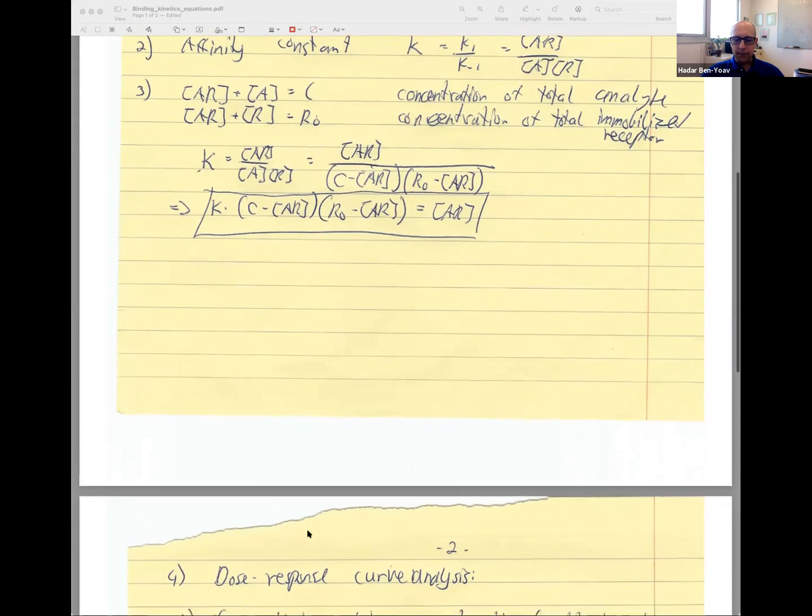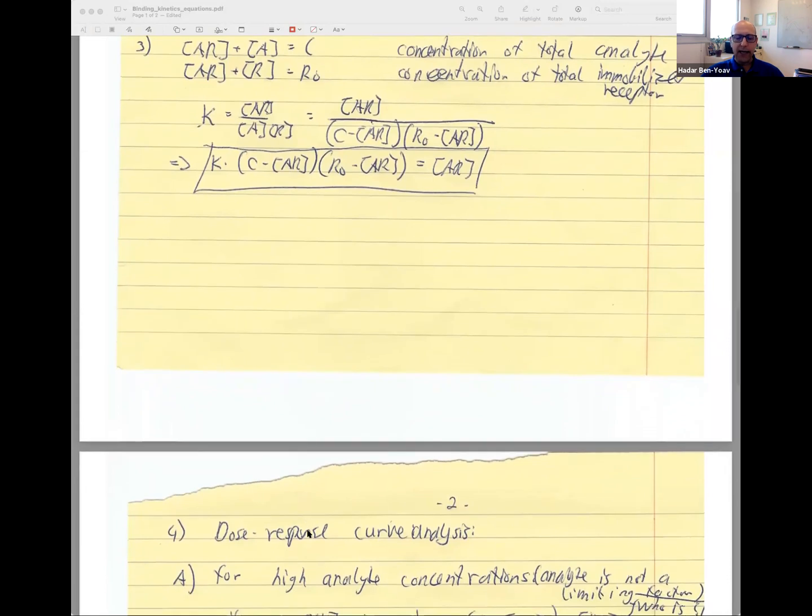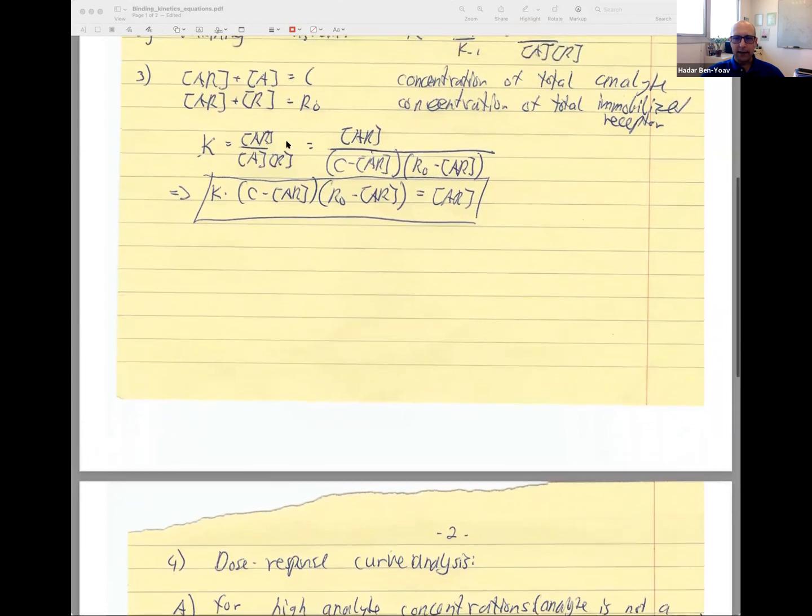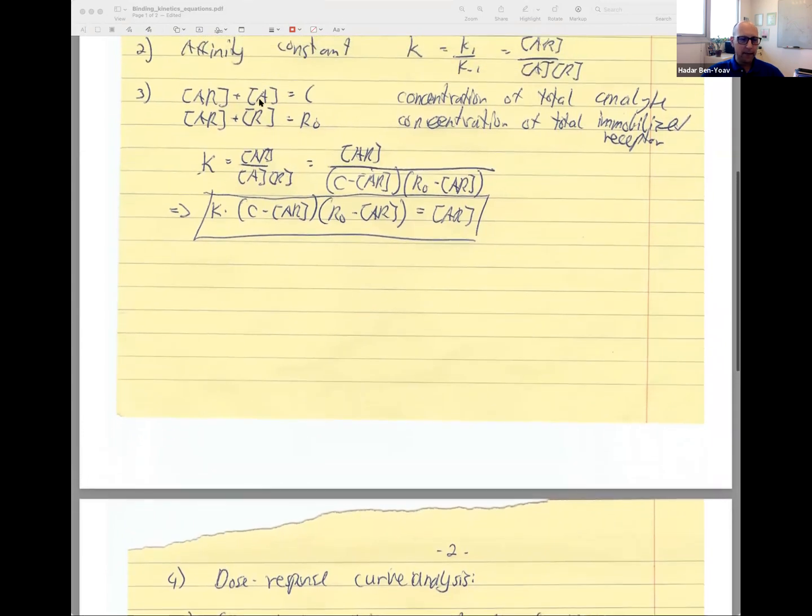One, where we have very high analyte concentrations. So the concentration of the analyte is very, very high. The limiting molecule is the amount of receptor that we have. Doesn't matter how much analyte we have, we always have analyte that binds to the receptor, but we don't always have a free receptor that could bind an analyte.